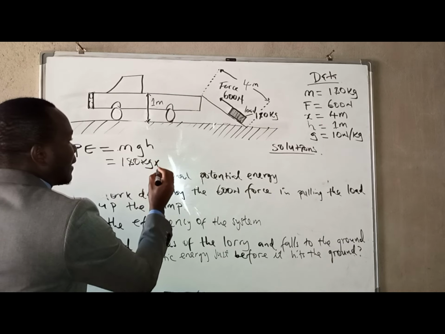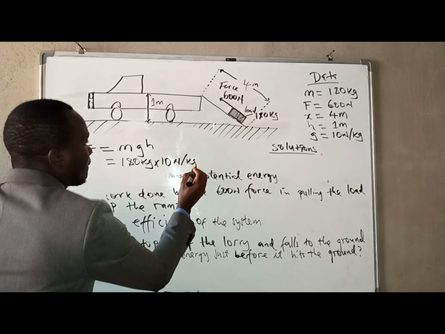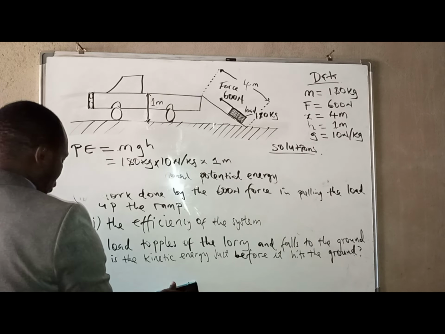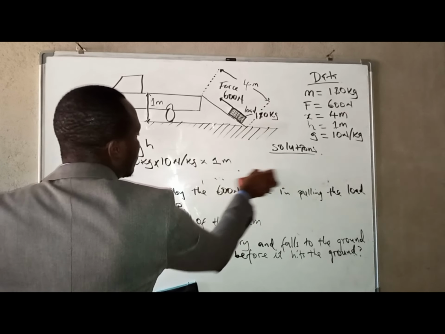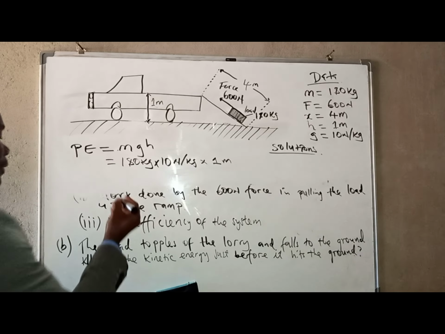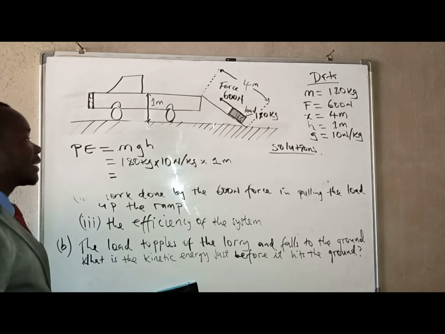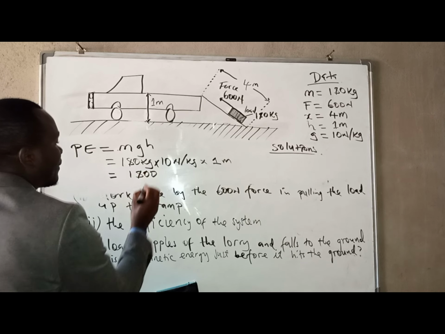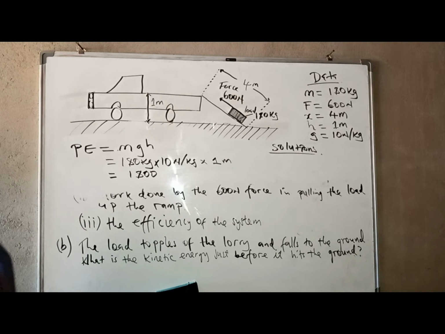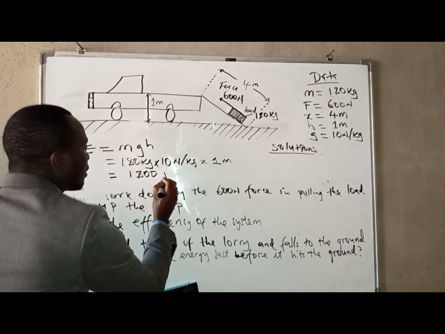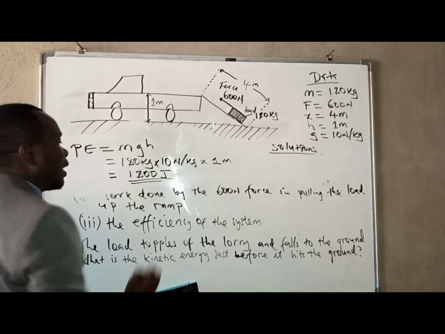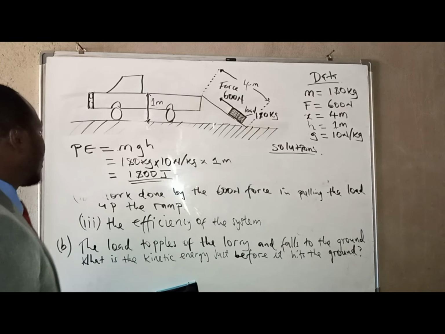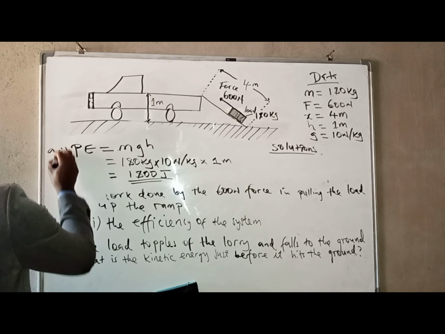So we have 180 times 10 newtons per kg times 1 meter, which will give us 1,800. The unit for potential energy is joules. So 1,800 joules. This is the first part, which is A1.